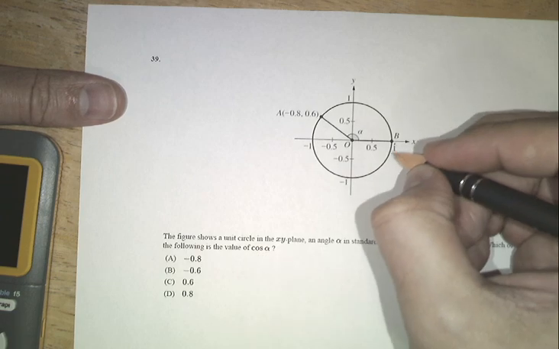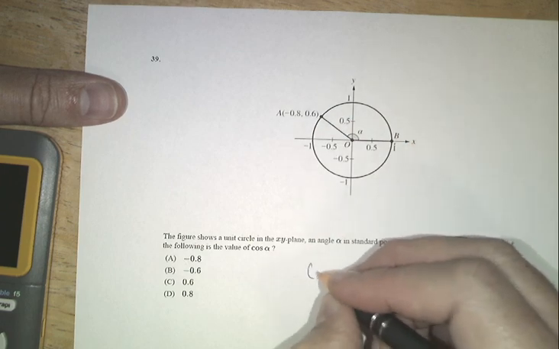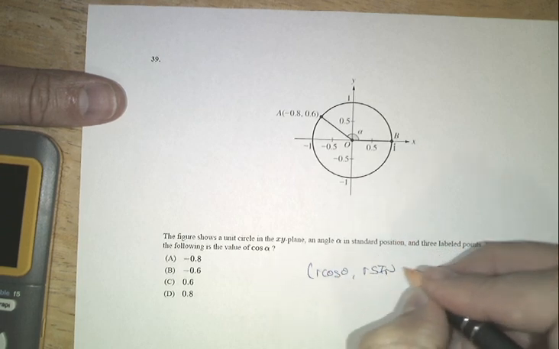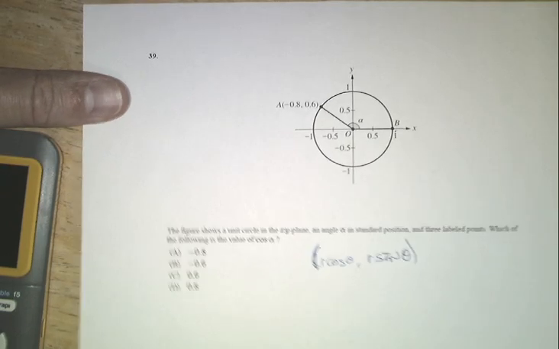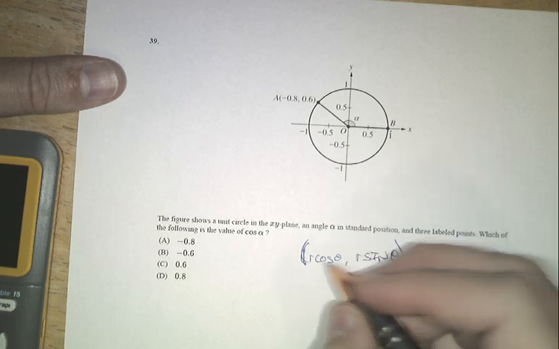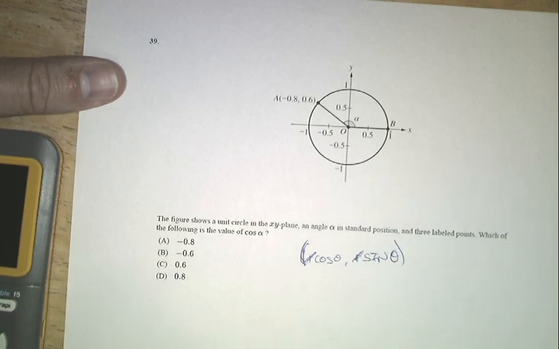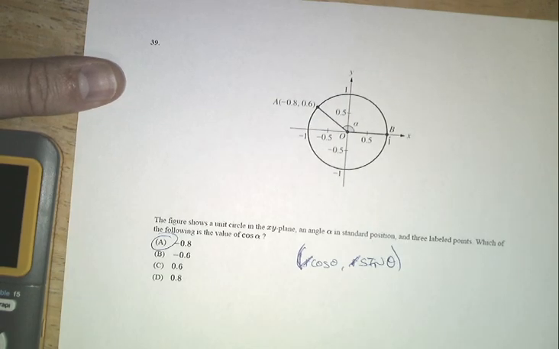This has a unit circle of radius 1. Any point on the circle is r cosine theta, comma, r sine theta. The radius is 1, so we don't need r. It's just cosine theta, sine theta. And cosine is the x value, so it should just be negative 0.8.